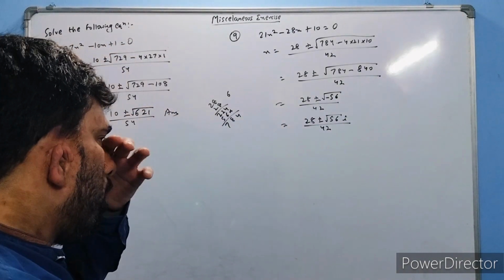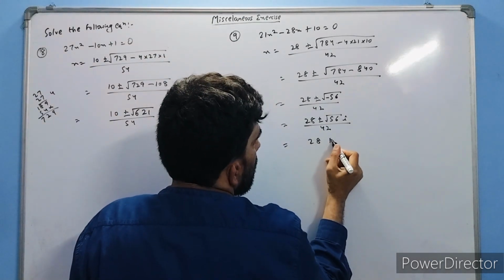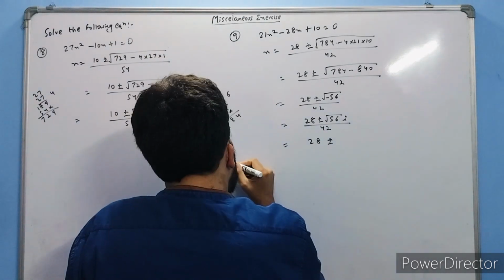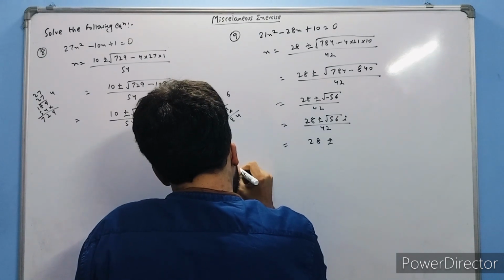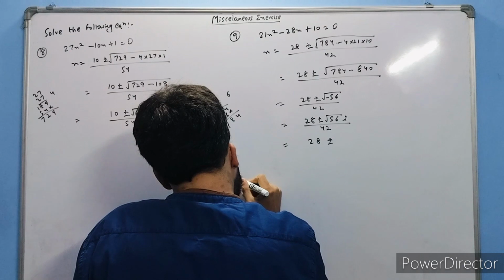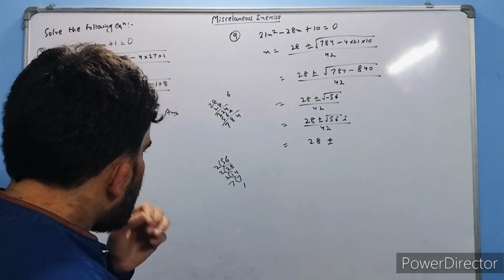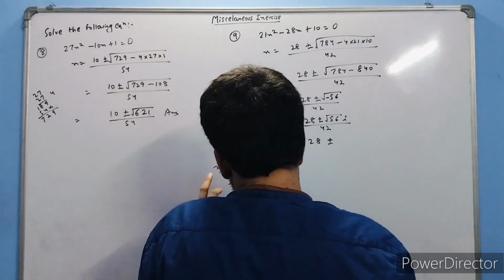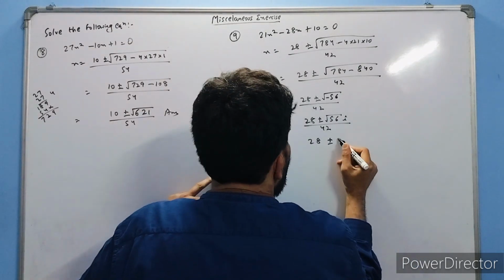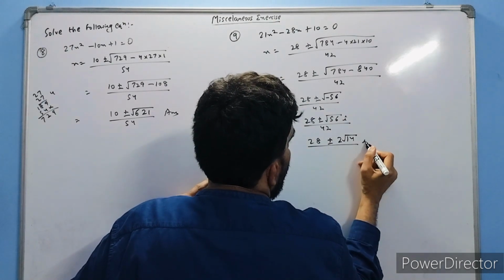Okay, so now I can reduce this. We know that 56, if I reduce this, 14, 2 into 7. So I can take 2 common, so I have 14 root i upon 42.